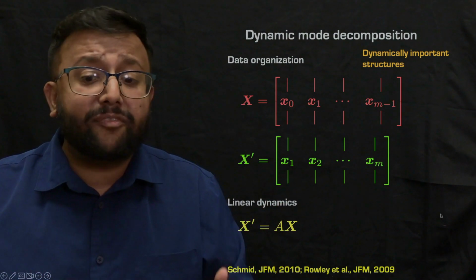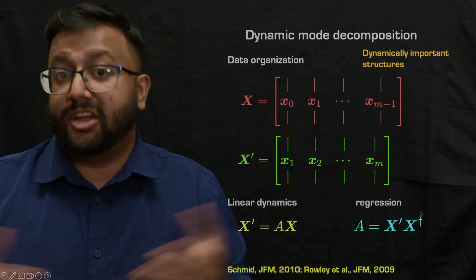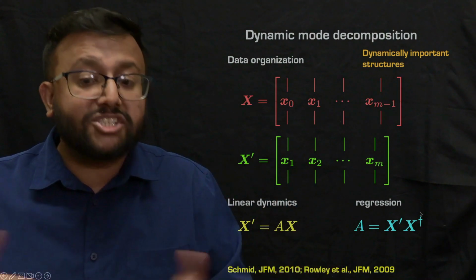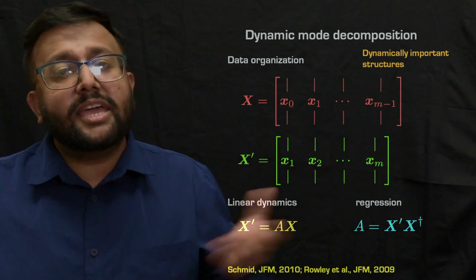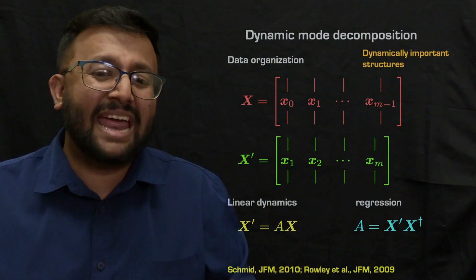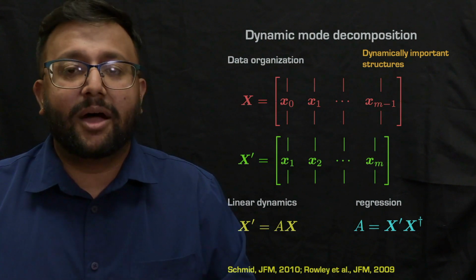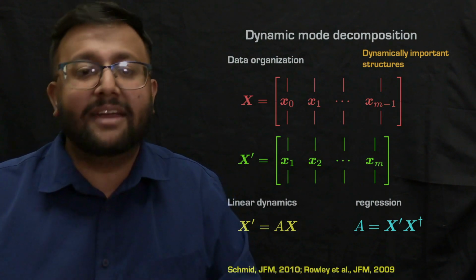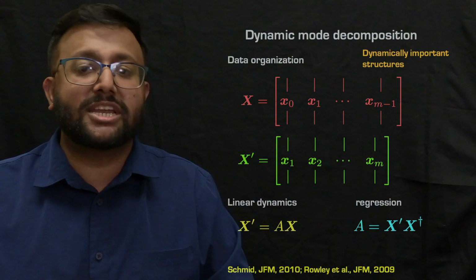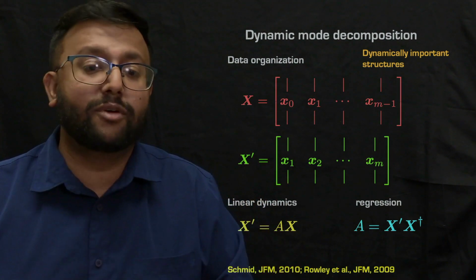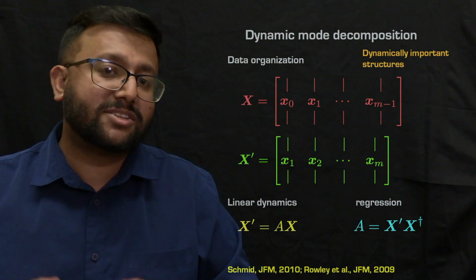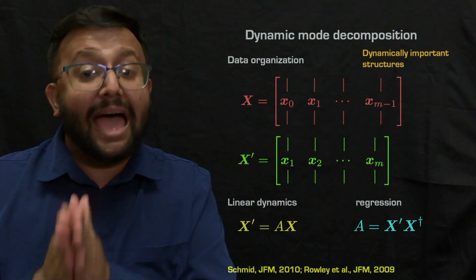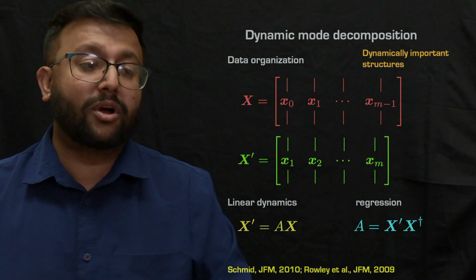Well, we can perform a simple linear regression operation to get A. However, the issue with this is that it might result in an ill-conditioned A, which is not great. And for fluid flows, especially these high-dimensional fluid flows, it's really important to perform this analysis correctly to get the accurate, dynamically important modes.